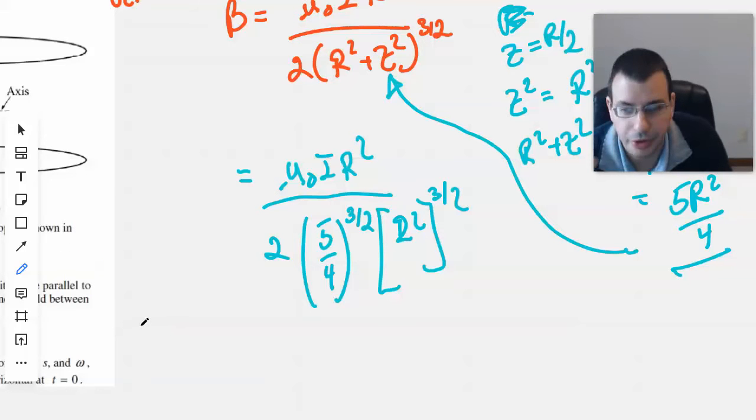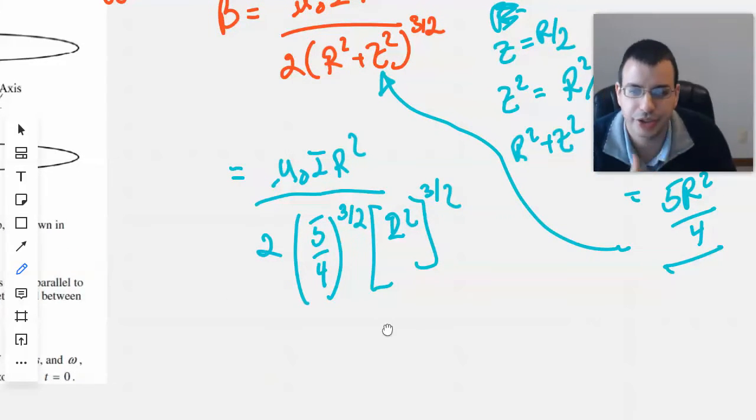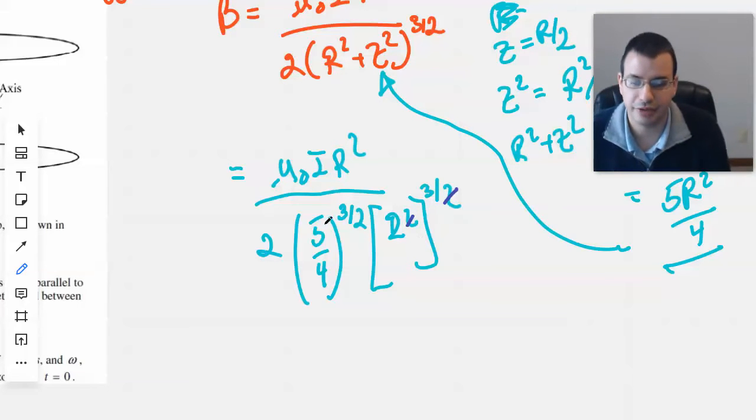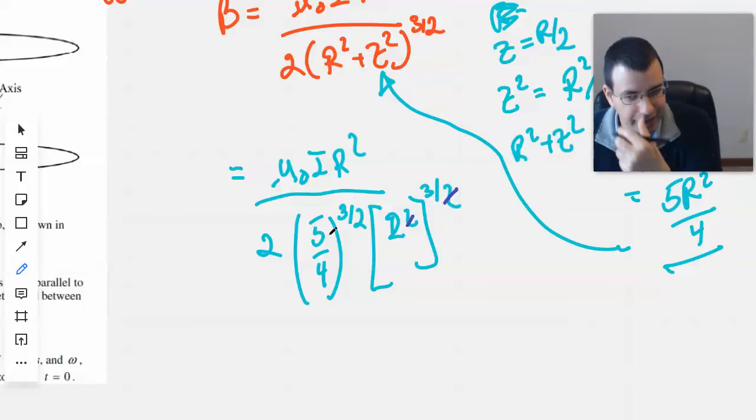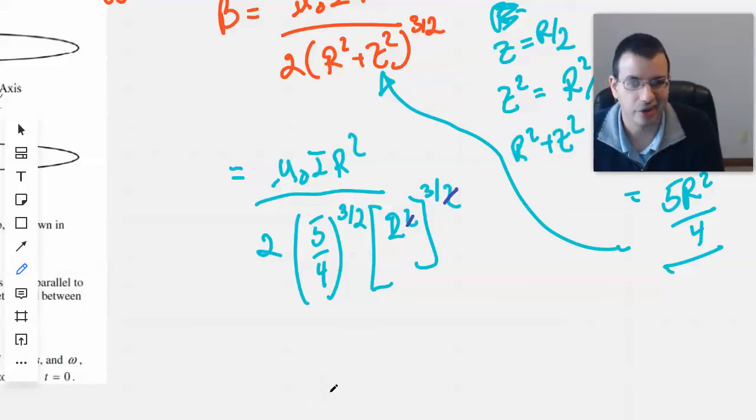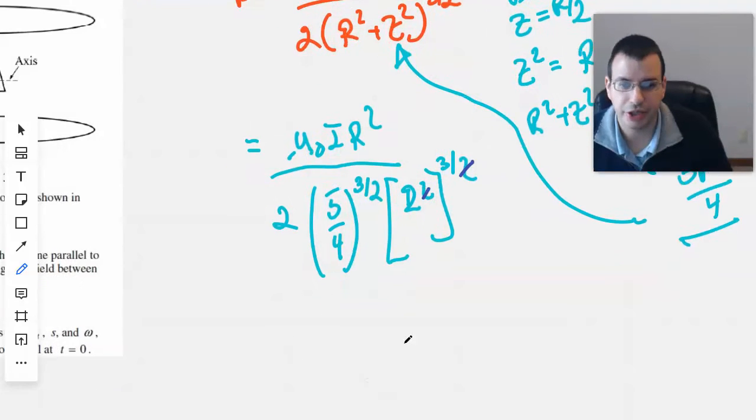Blue? Dark blue. Okay. So now we need to work our way through this. So this part will go away. So R squared and 3/2. I'm just going to write this all out. So we're going to have 3 r's up there. These will cancel.